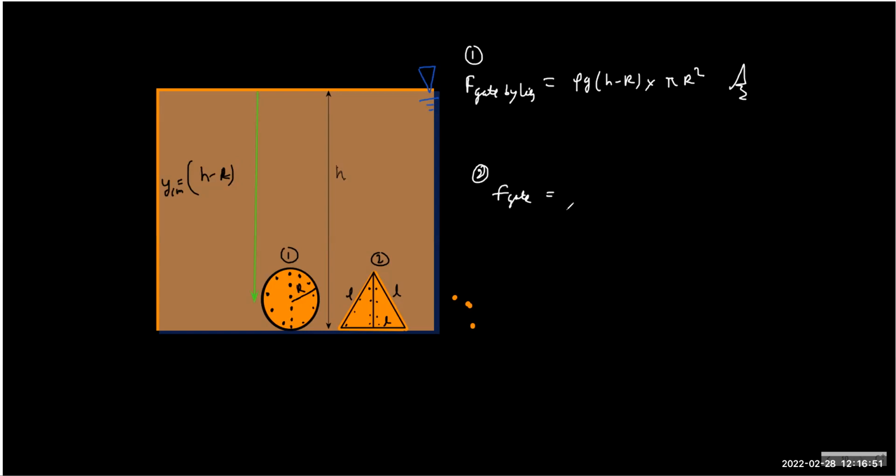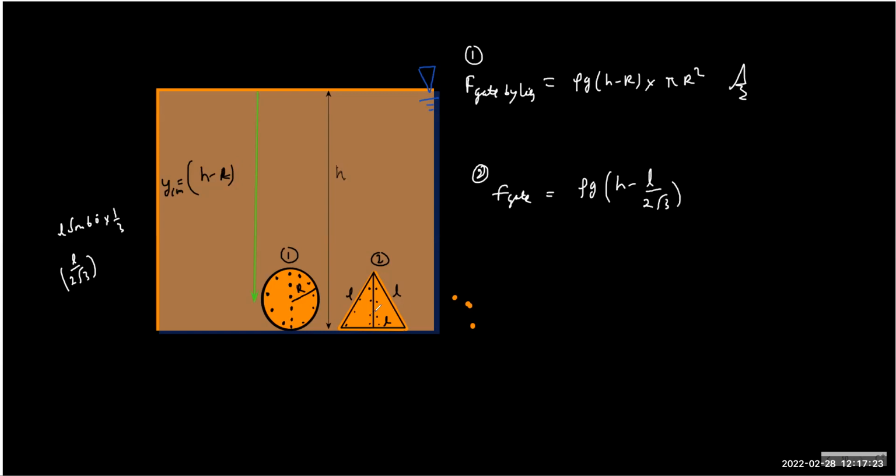So the answer will be rho g (h minus root 3 L by 2) into root 3 L square by 4. Here this is L sin 60 into 1/3, right? Yes. So L by 2 root 3, correct?